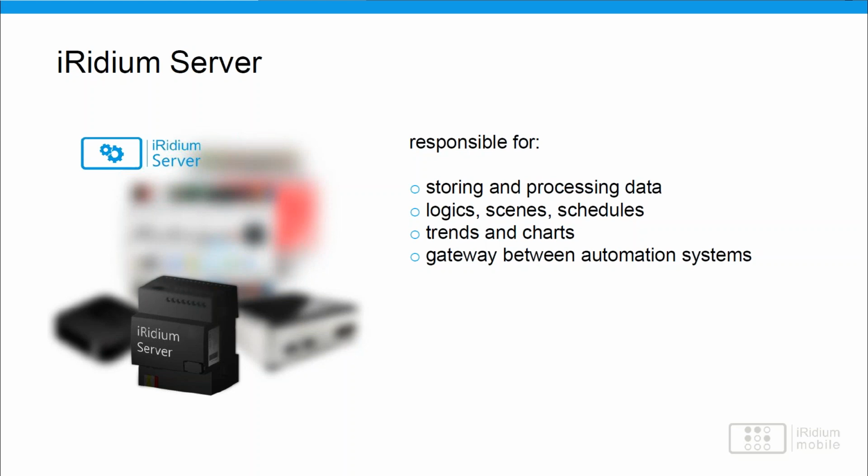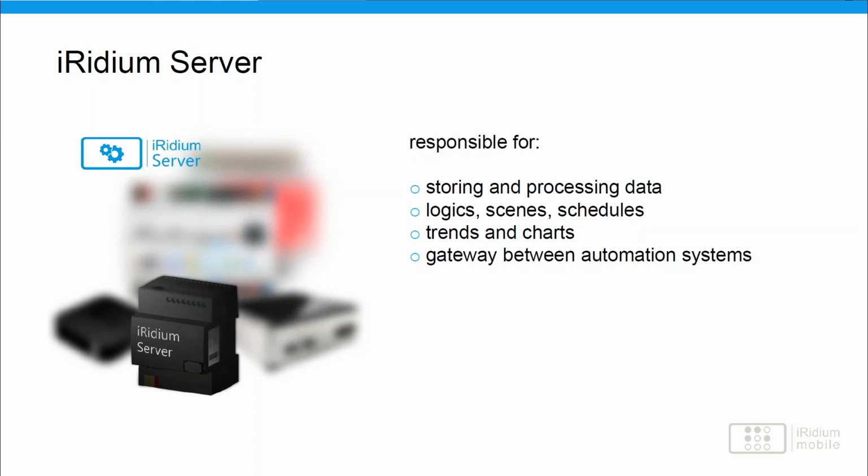It is not possible to make good and powerful logic on a control panel because a control panel is a real-time remote panel that cannot process long-time and difficult processes. You can also create trends and charts on your control panels using the iRidium server.